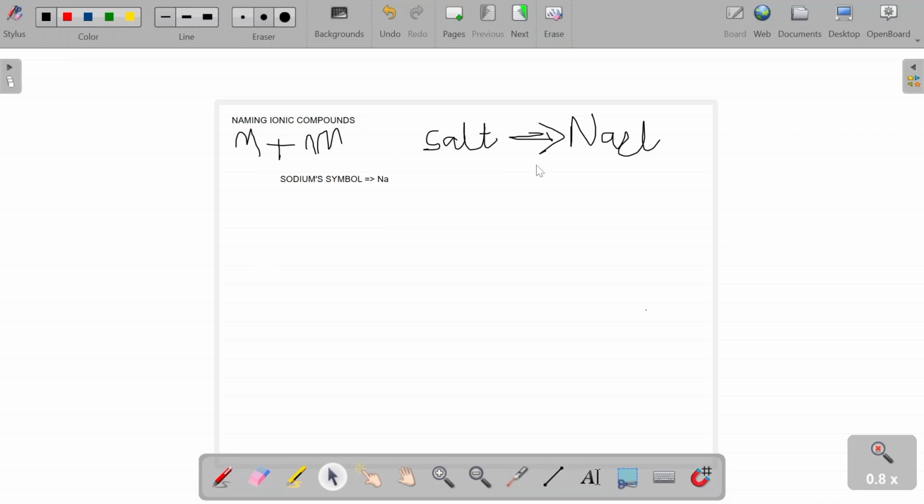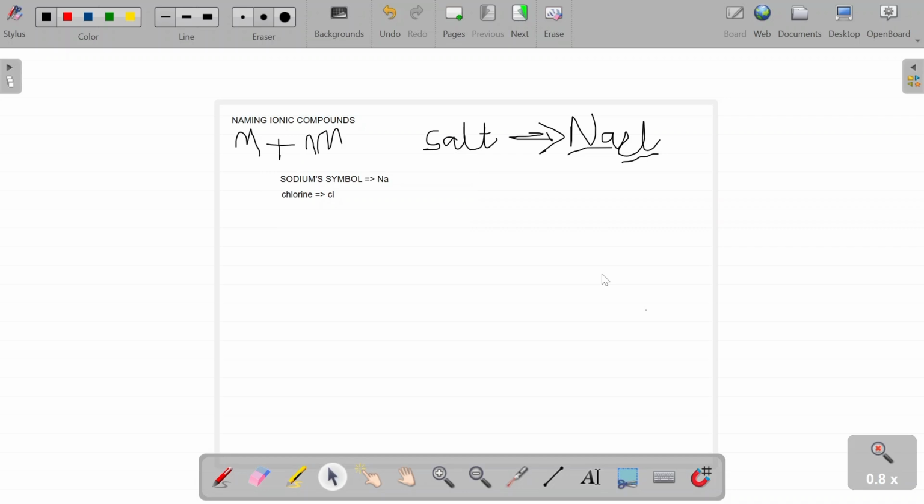Simple. And in salt we have the symbol Na, and then we have another symbol Cl. The element represented by the symbol Cl, as we all should know, is chlorine.